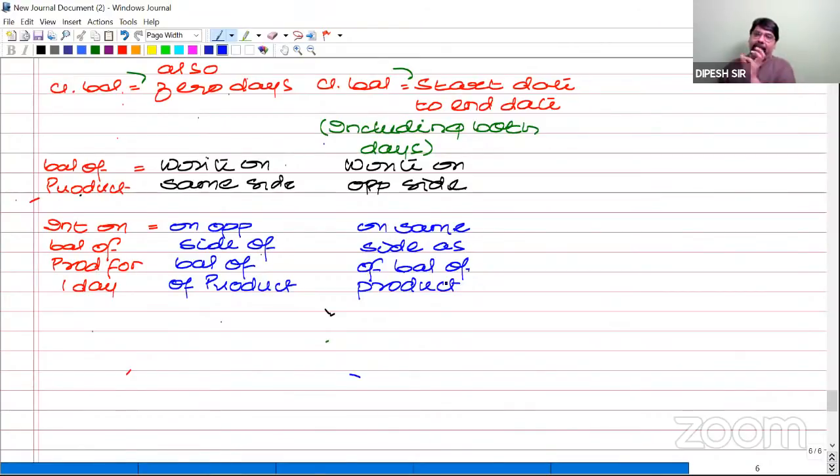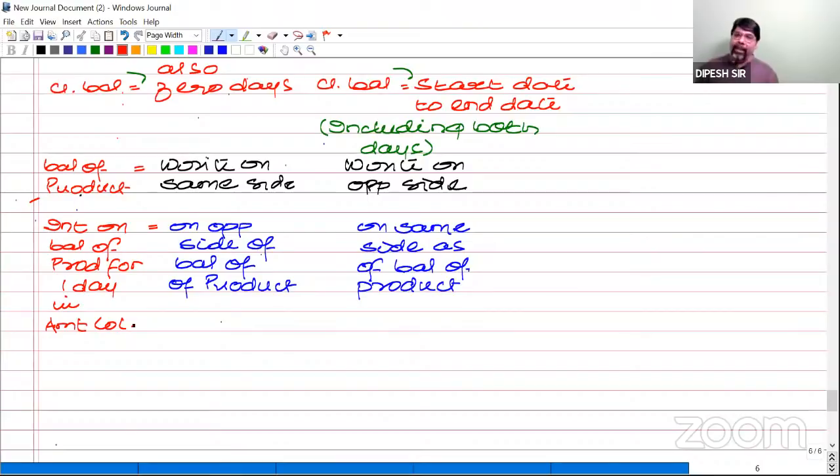In second case, balance of product on credit side, then you will write it on debit side. And interest also you will write it on debit side. So in both the cases, interest will come on debit side. Interest on balance of product for 1 day in amount column you will write.